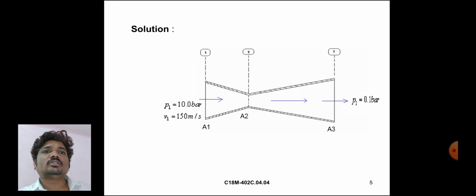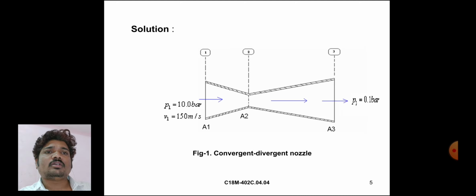The solution, given data. In this problem, the steam at the entry position has pressure P1 of 10 bar and velocity 150 meters per second, and the area is A1.